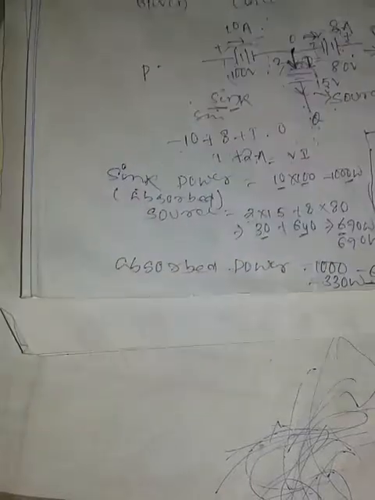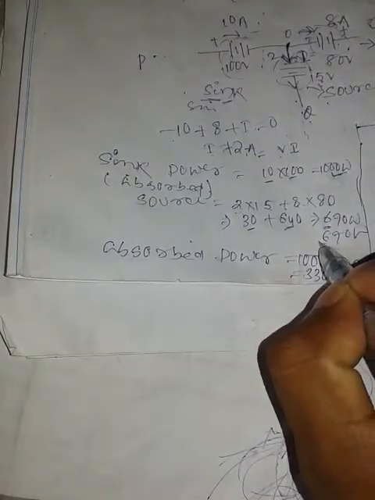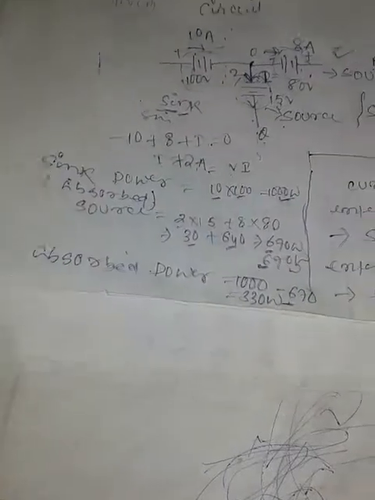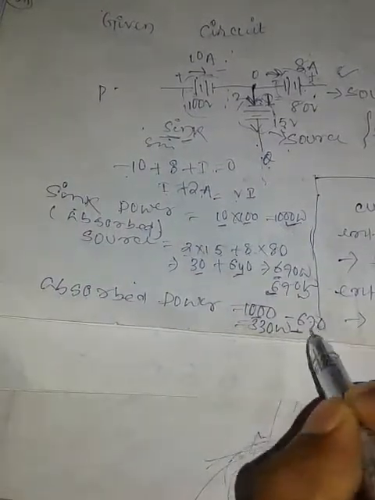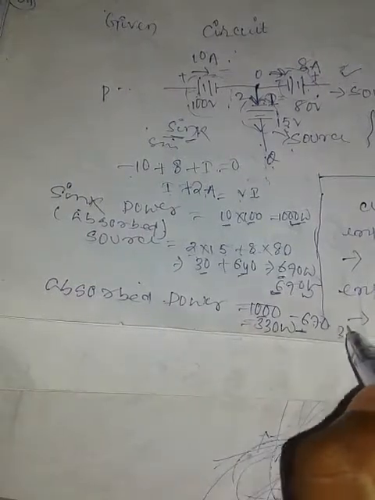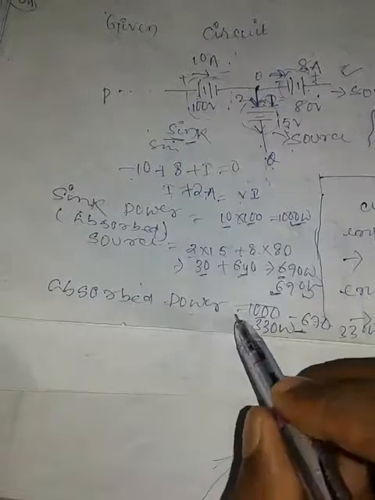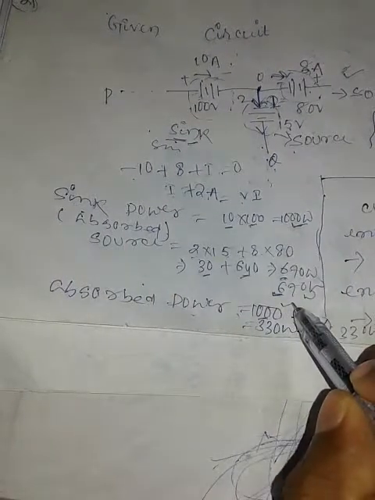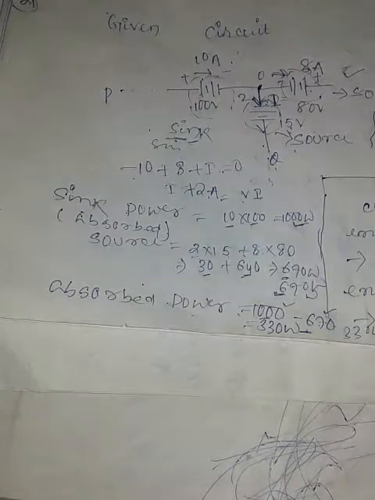So in this figure the sink or absorbed power will be 1000 and the source power will be 670 watt. So the total absorbed power is equal to 1000 minus 670, which is equal to 330 watt, because the sink power is 1000 and the source power is 670.